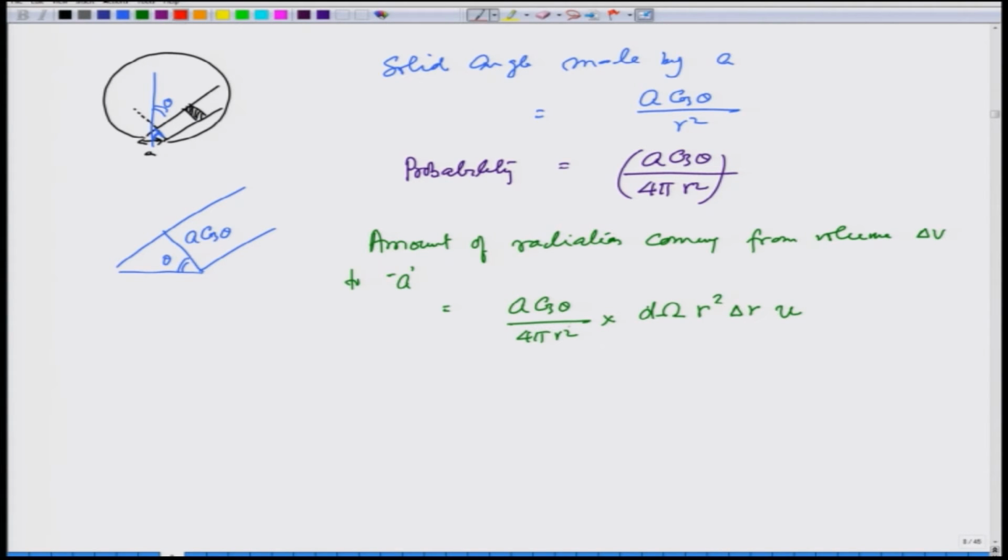I am going to cancel this r square, right. So, this comes out to be A u over 4 pi cosine theta d omega delta r.